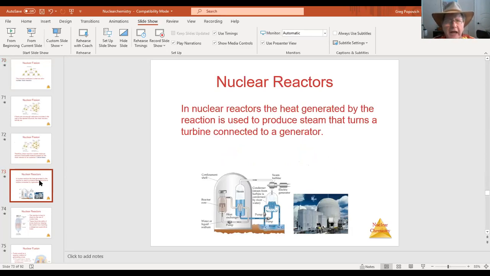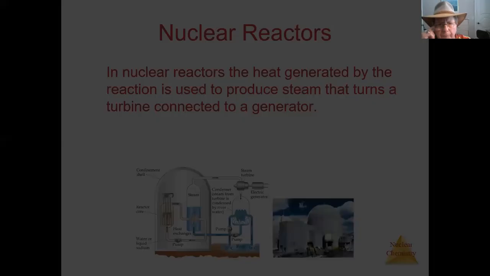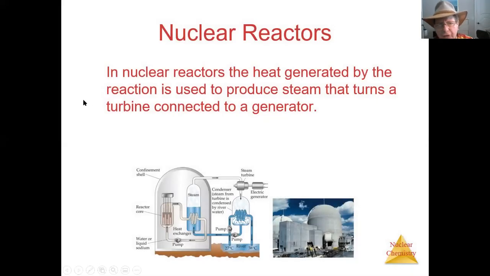Basically, we're creating a whole bunch of energy. So we have, I'm going to make this bigger. So what happens is we have a reactor. And in the reactor, I've got neutrons flying at uranium. So I'm getting a whole bunch of energy created. This particular reactor is surrounded by water.